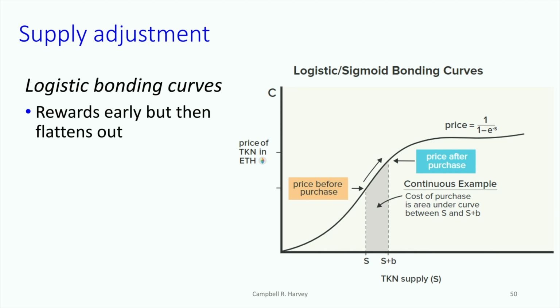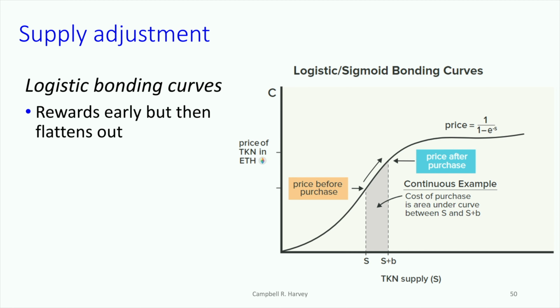This is an example of a logistic curve. The idea here is that there are strong incentives early on. Early on, it looks super linear, so you want to get in early because the price is really cheap in terms of token.